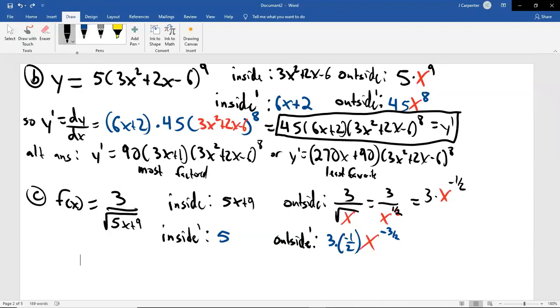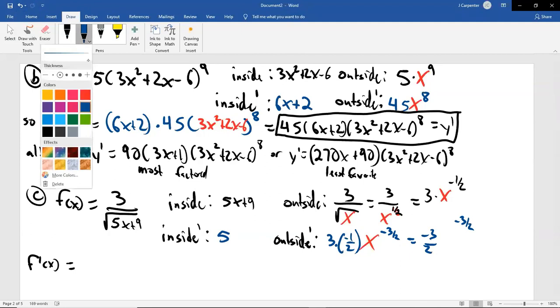But now we can say that our derivative, f prime of x, or df dx, however you wish to write it, is the derivative of the inside times the derivative of the outside. And by the way, that negative 3/2, I should have cleaned that up. That's negative 3/2 times x to the negative 3/2.